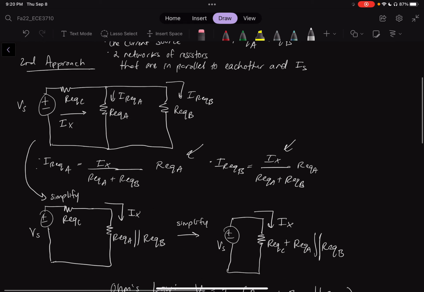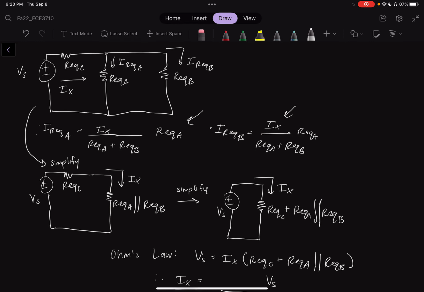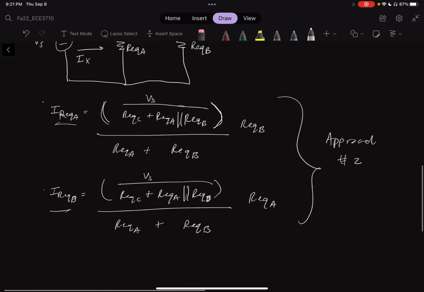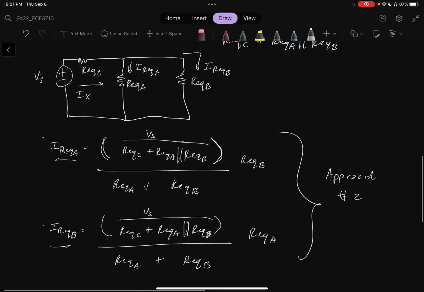Okay, but here in the second approach, what do you have? You have one voltage source. You have 0 current sources.